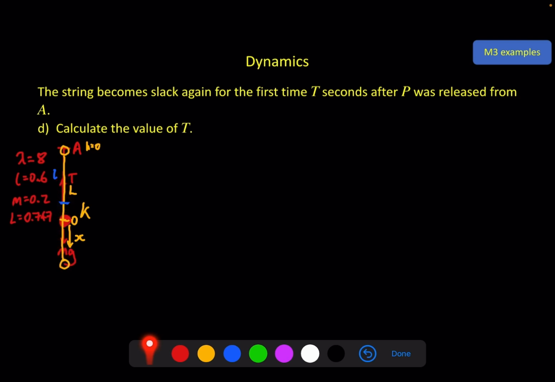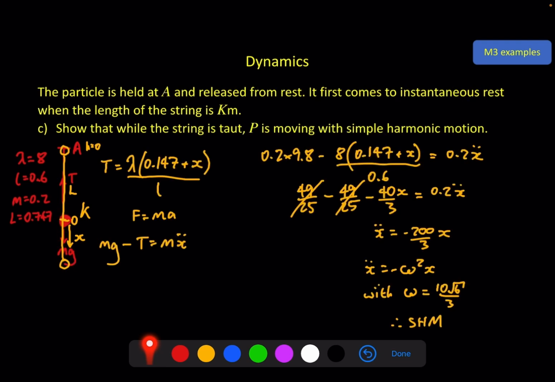So let's recognize here that this is not a full oscillation, because this part here is not a full amplitude of the motion, like this. The full amplitude of the motion is from O down to here at K. Go back for a second.